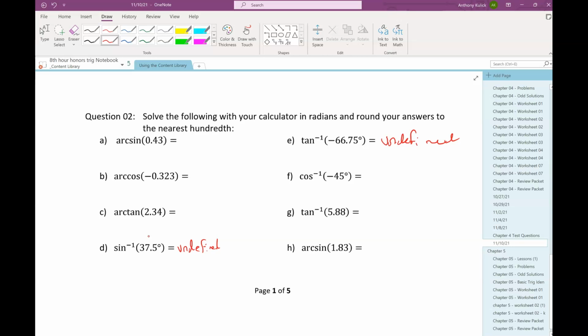H is also undefined as well, and F. Wait, H is? Yeah, because the domain for sine is -1 to +1. So you have a value outside of the domain. That's why that one's undefined. Got it.